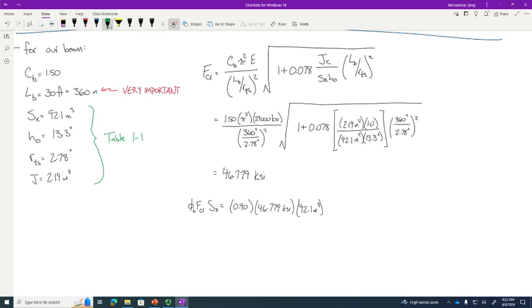Ksi times inches to the third is going to be inch-kips, right? So I want this in foot-kips, so I'm going to divide by 12. So what is 0.9 times this times 92.1 divided by 12?